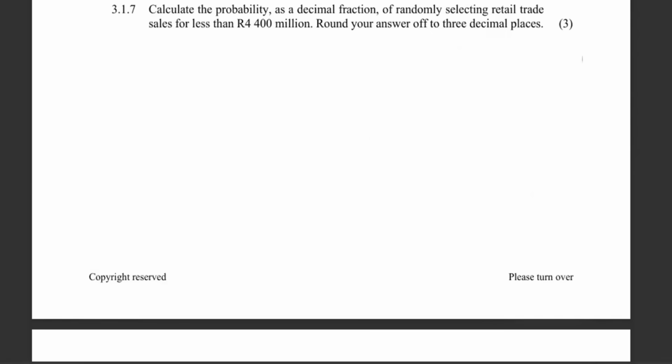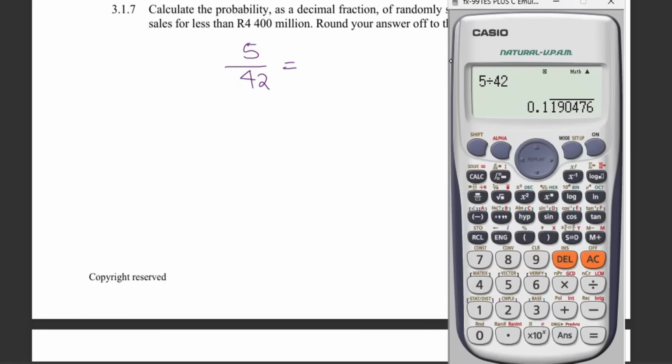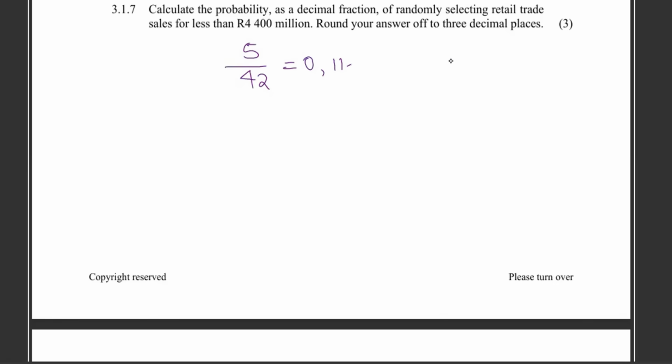So there are only 5 values out of 42, but they want it as a decimal. So put this in your calculator, 5 divided by 42. Round off your answer to 3 decimal places, meaning 3 numbers after the comma, which is 0,119.